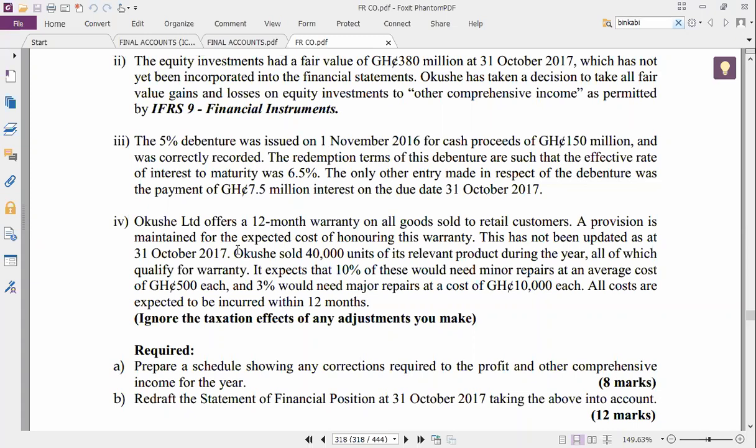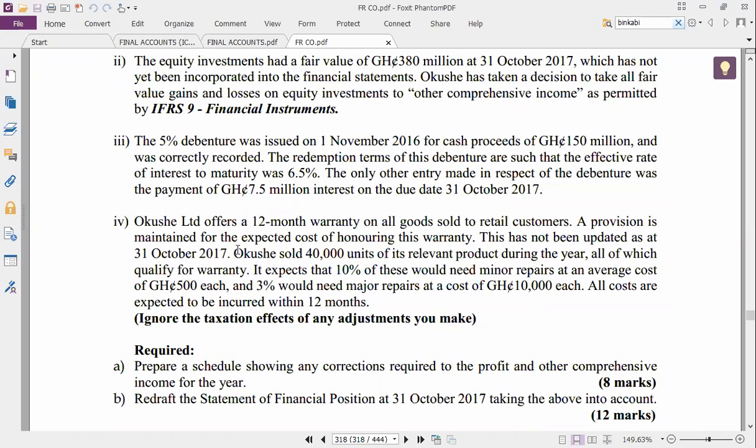Now, Okushi sold 40,000 units of its relevant product during the year, all of which qualify for warranty. It is expected that 10% of these will need minor repairs at an average cost of 500 each. 3% will need major repairs at a cost of 10,000 each. All costs expected to be incurred within 12 months.